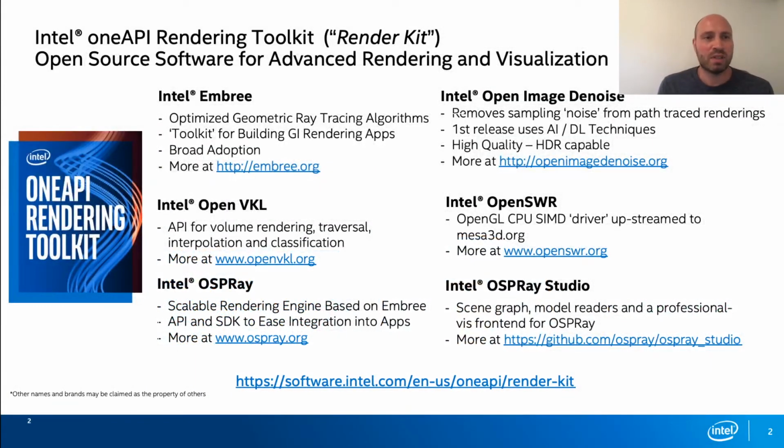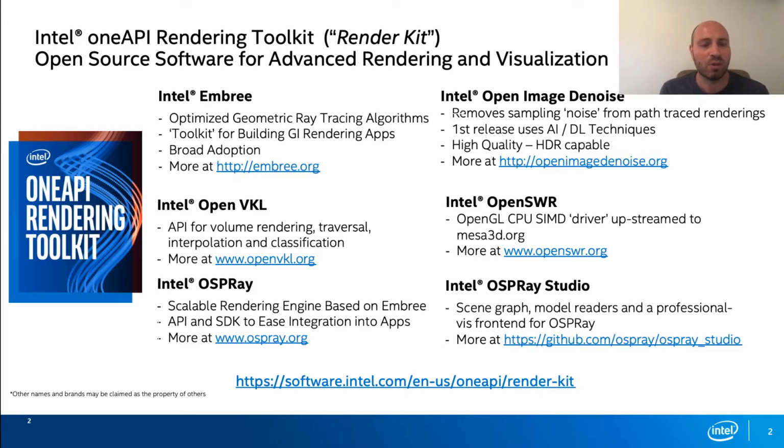I'll briefly introduce the Intel oneAPI Rendering Toolkit, or as we call it, the Render Kit, which is Intel's open source software suite for advanced rendering and visualization, especially helping with high-performance computing visualization and professional viz needs. It consists of Intel Embree, which is a low-level kernel library for efficient BVH building, traversal, and primitive intersection.